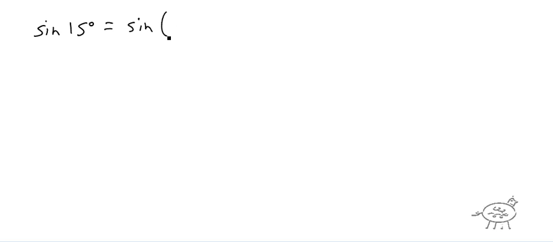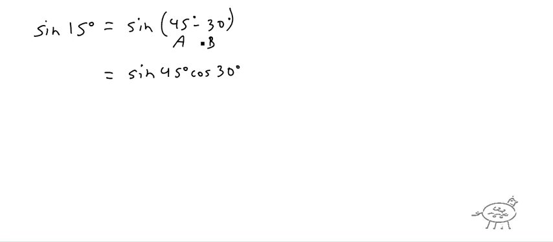So we have sine of, and we'll just use 45 minus 30. And then we just substitute in. This is your A, that's your B, and it's difference. So it's going to be sine of 45 cosine of 30.